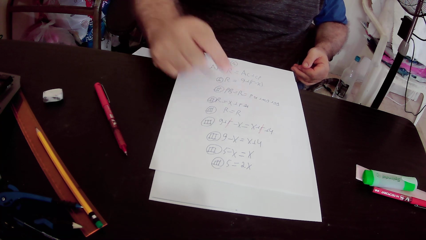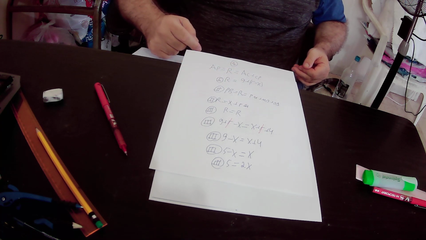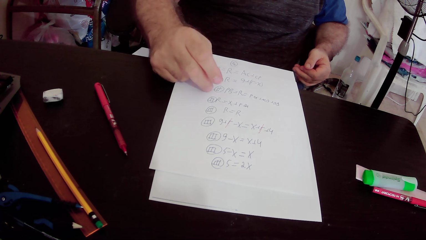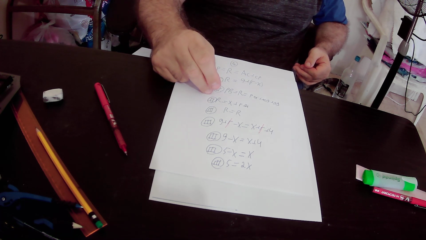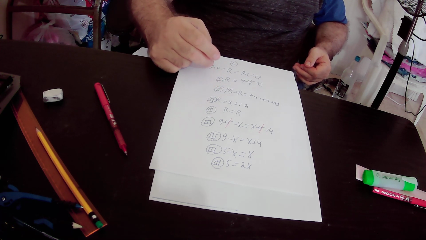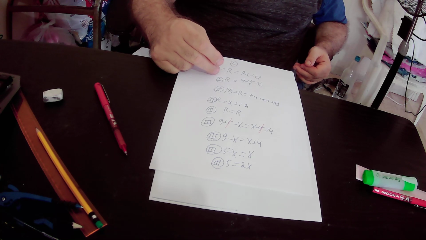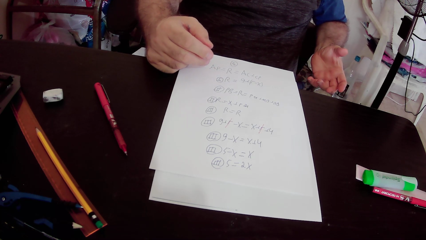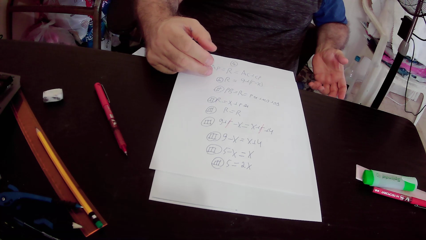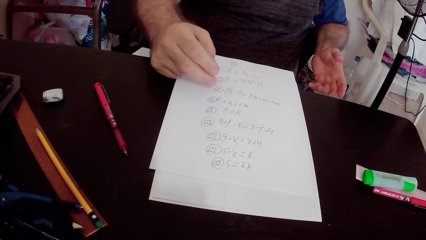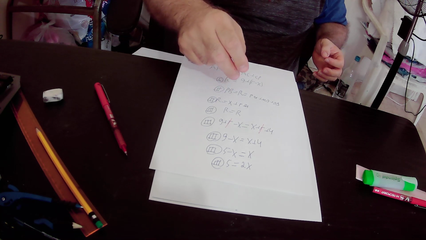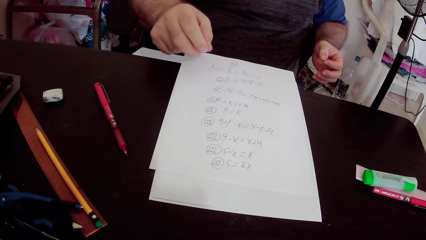Okay, so we got the value of capital R from equation number 2, and we got the value of capital R from equation number 1. So we can compare equation number 1 to equation number 2 because both of them are the radius of the same big circle.